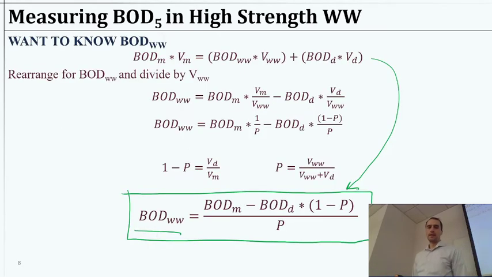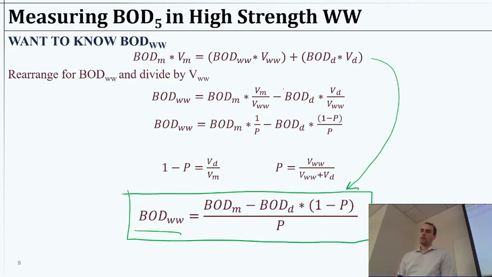And so based on that, just rewriting that up at the top here, we have that BOD times the volume of the mixture is equal to the BOD times the volume of the wastewater plus the BOD times the volume of the dilution water.